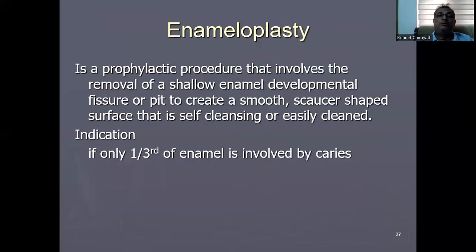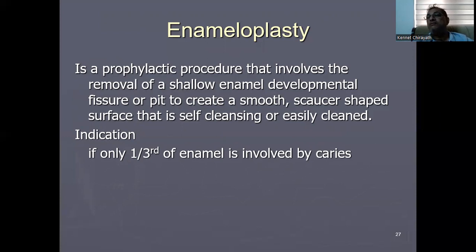Okay, now comes enameloplasty. It's a prophylactic procedure that involves the removal of a shallow enamel developmental fissure or pit to create a smooth saucer-shaped surface that can be self-cleansed or easily cleaned. Indication: if the defect is less than 1/3 the thickness of the enamel, we will do enameloplasty.